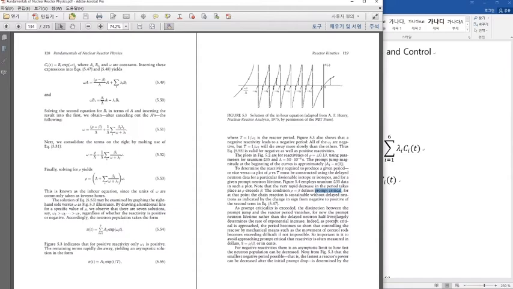In that case, chain reactions do not depend on the delayed neutrons anymore.